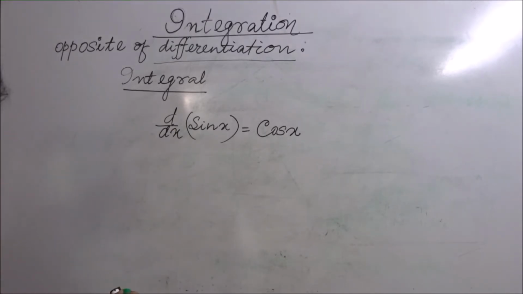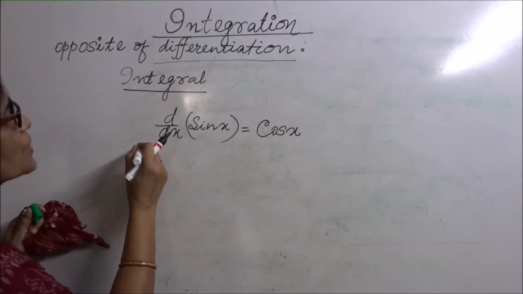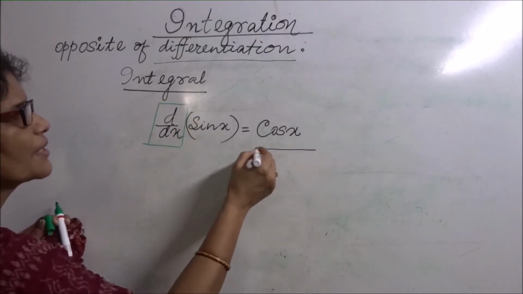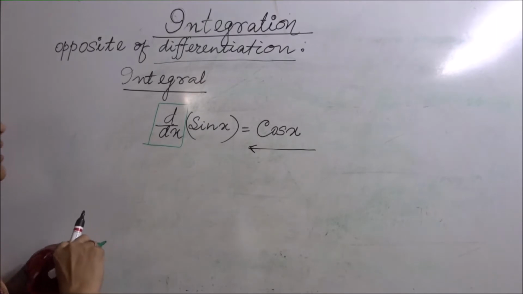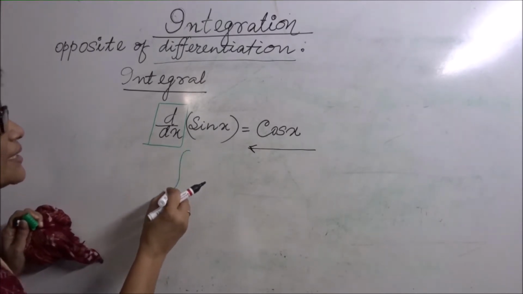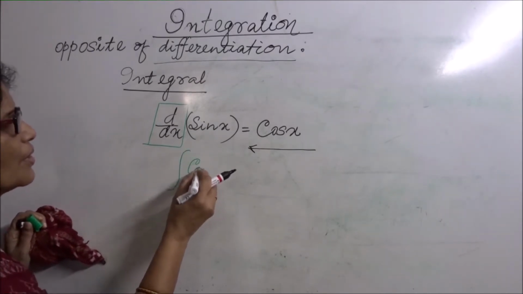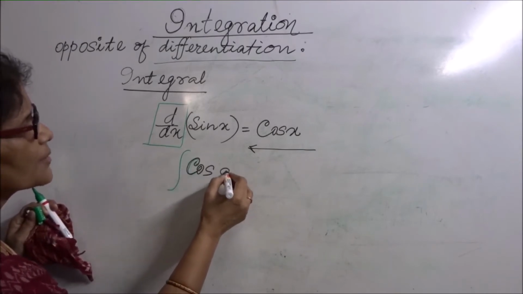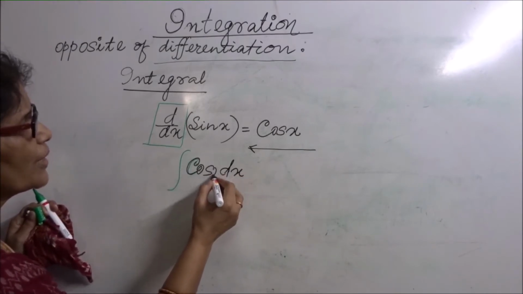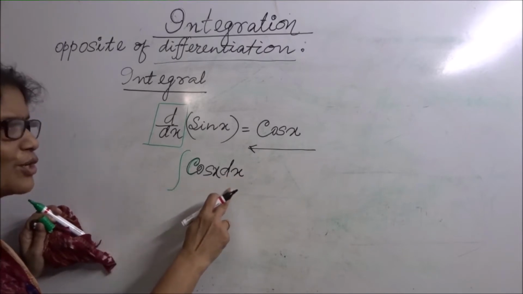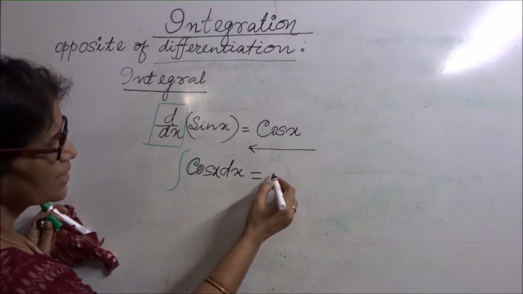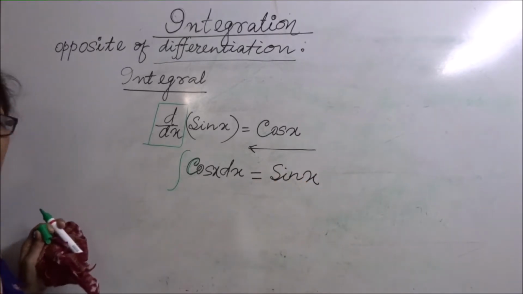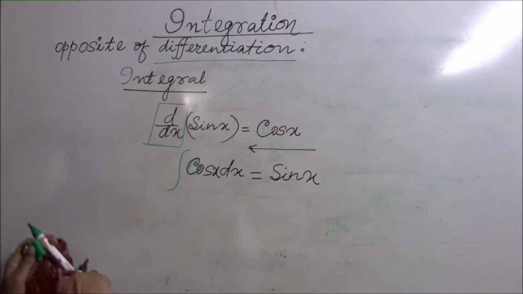Similarly, when we come across the opposite of it, I'll come from left, and for integral I'll write this symbol. Integration of cos x with respect to x is equal to sin x. So simply I am writing the opposite of it.